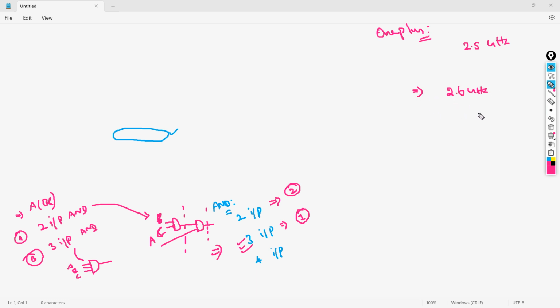Now, say you are company ABC, providing a mobile chipset to OnePlus. You are closing timing at 2.5G, but will they accept your chip with 2.5G? No. Let's say here it is 10 watt power, and there at 2.6 gigahertz it is, say, 11 watt power.